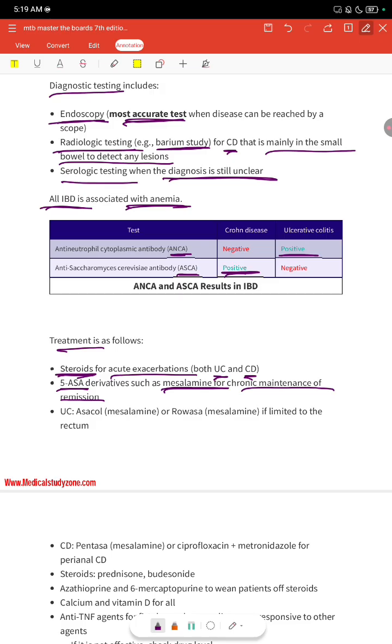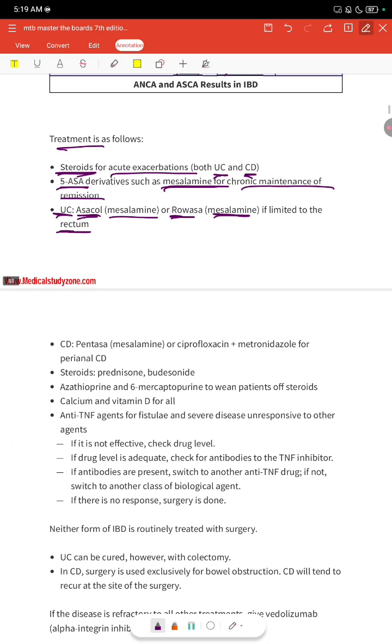For ulcerative colitis, Asacol, that is mesalamine, or Rowasa mesalamine if limited to the rectum. In Crohn's disease, Pentasa, that is mesalamine, or ciprofloxacin plus metronidazole for perianal Crohn's disease.